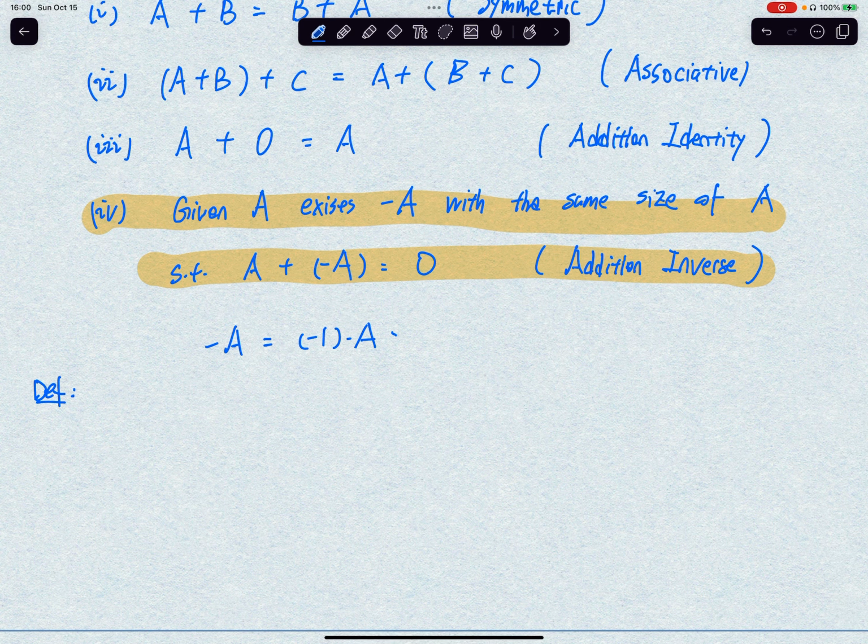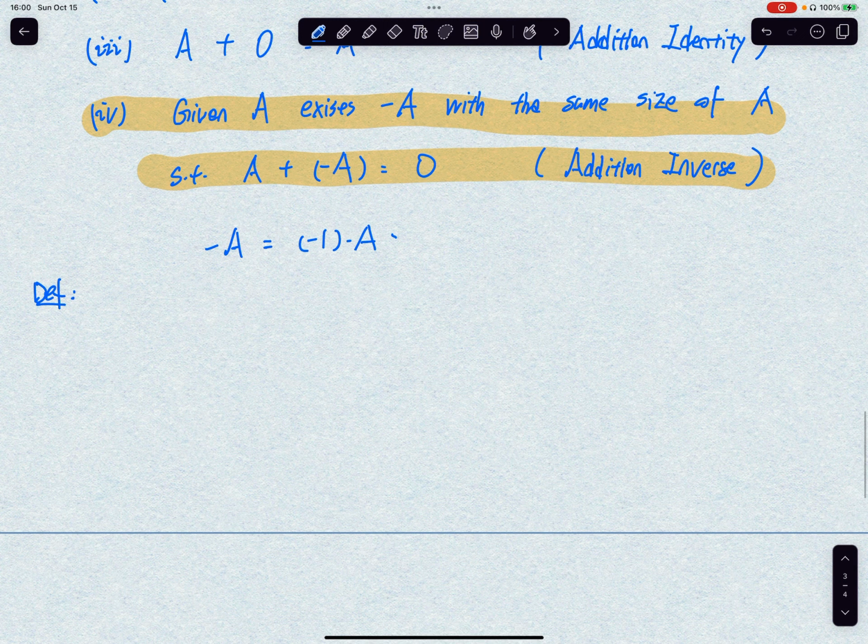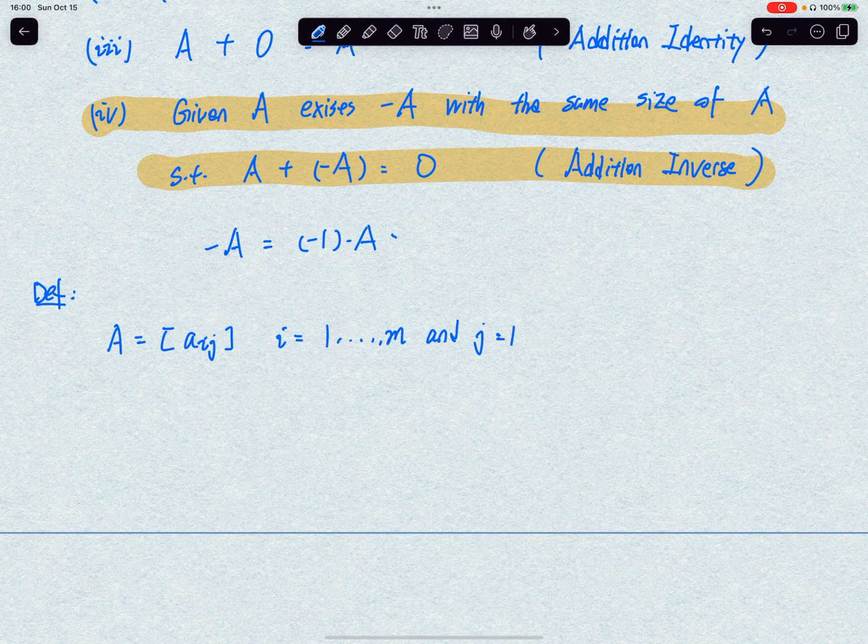So let us define it. We let A denote the matrix A equals (a_ik), where i ranges from 1 up to m, and k ranges from 1 to n.